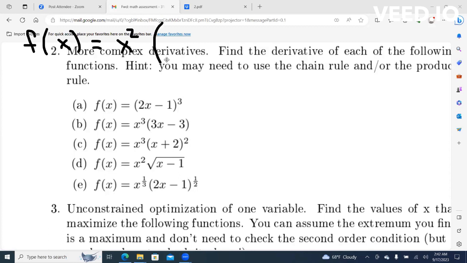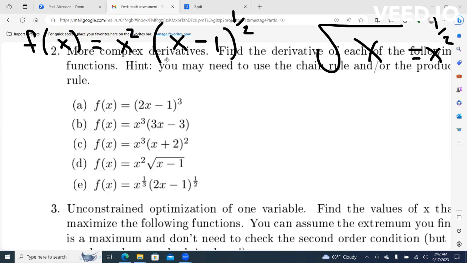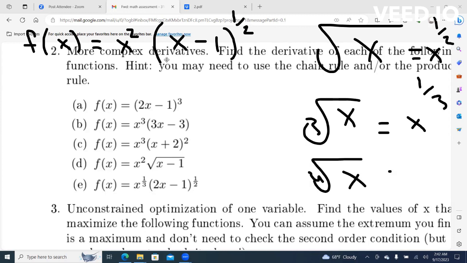When you take a derivative, all radicals are written as exponents. We really aren't going to do any algebra review. But a square root is x to the 1/2. A cube root equals x to the 1/3. Fourth root equals x to the 1/4. And it does go on to infinity.